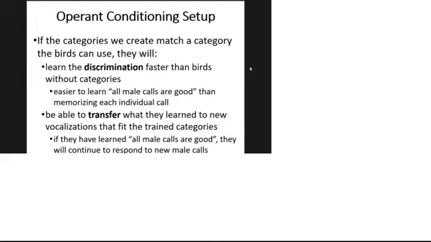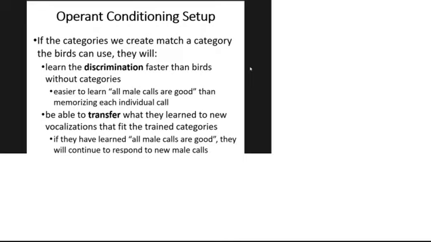And so we can test this to see if, okay, are they actually learning that it's sort of male or female calls are good and male calls are bad by showing them new vocalizations they haven't heard before. So we would train them on, say, 200 calls. And once they've learned to tell the difference, we don't know if they've done it for memorizing or using categories, we introduce them to a new 200 calls from a different bunch of individuals.